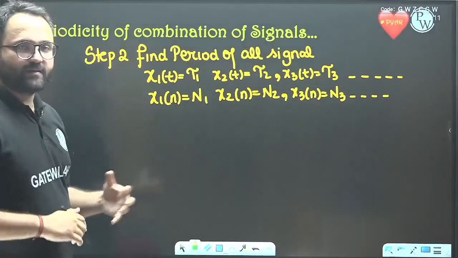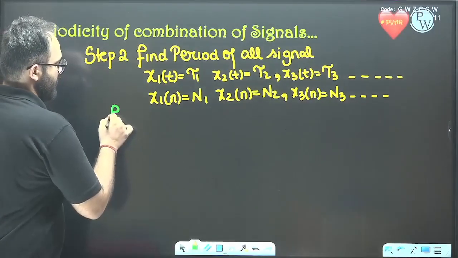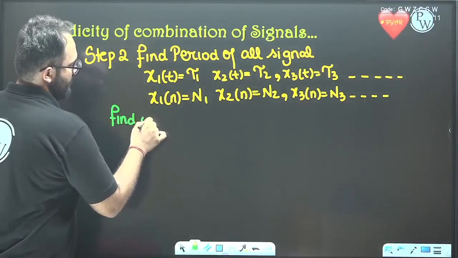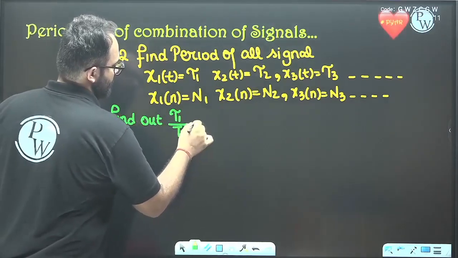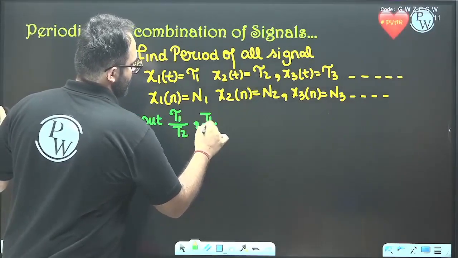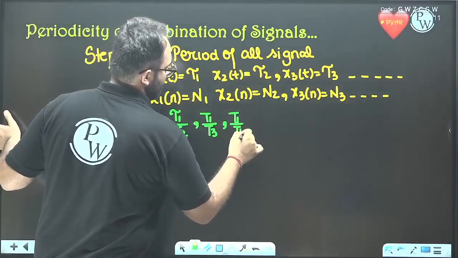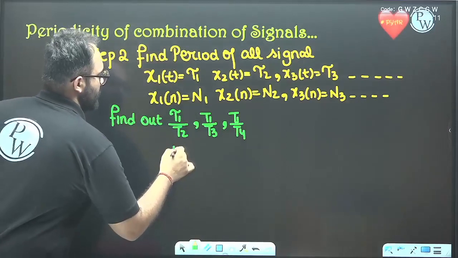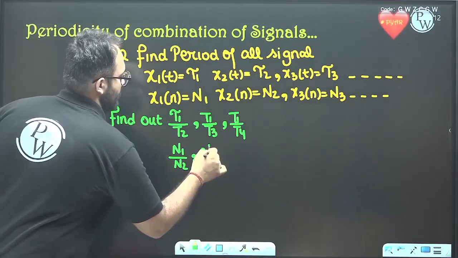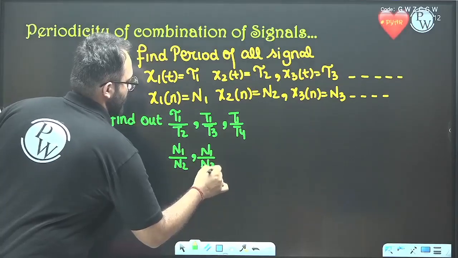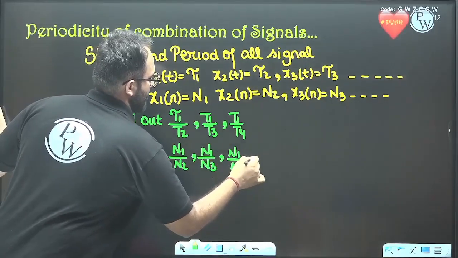Find out the ratios T1 upon T2, T1 upon T3, T1 upon T4. Similarly, find out the ratios N1 upon N2, N1 upon N3, N1 upon N4, and so on.